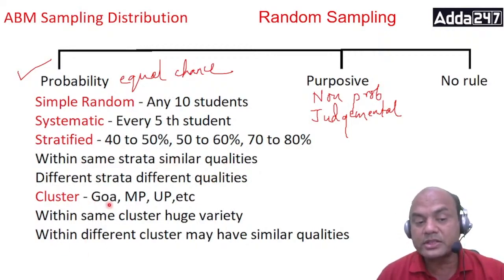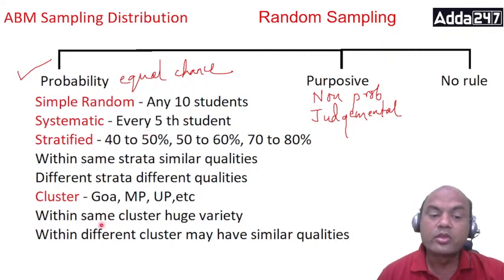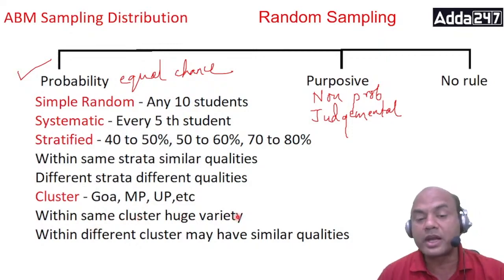Reverse is the case with cluster. Within the same cluster, there is a huge variety. Now somebody is from Goa. So in Goa also there will be a student of 80 to 90%. There will be a student of 40 to 50%, right? So within the same cluster, there is huge variety. It's exactly opposite of stratified.